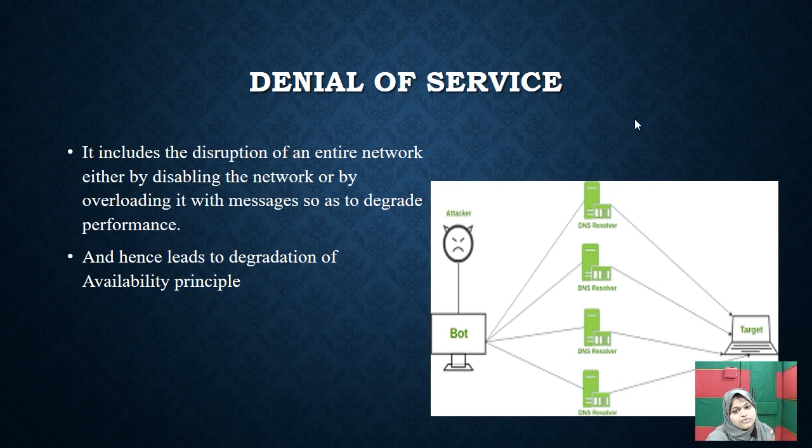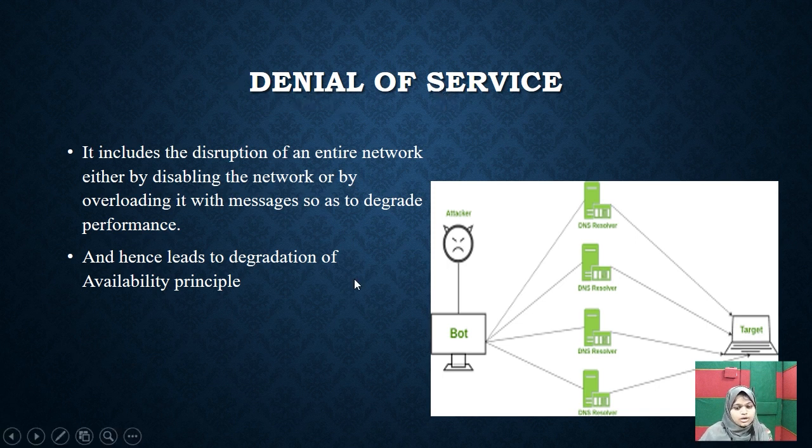Hence such an attack is called a denial of service attack, where the server is denied from providing services to authorized users because the attacker has overloaded it with unauthorized and unnecessary requests. So this is the third and last type of active attack, the denial of service attack.